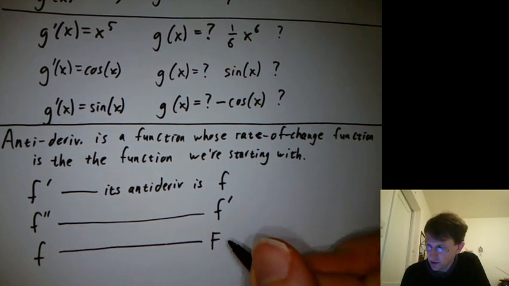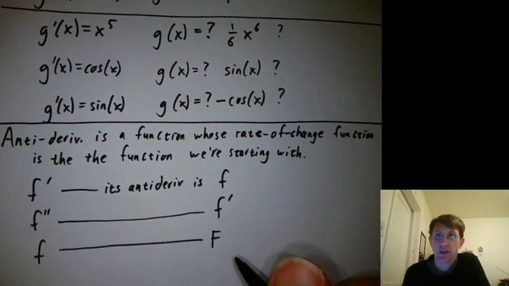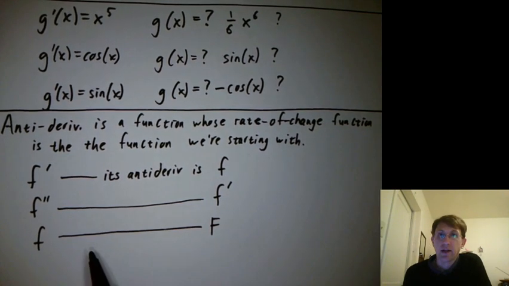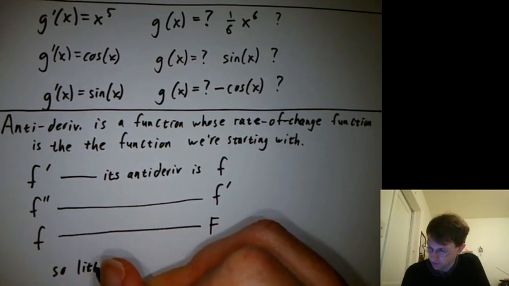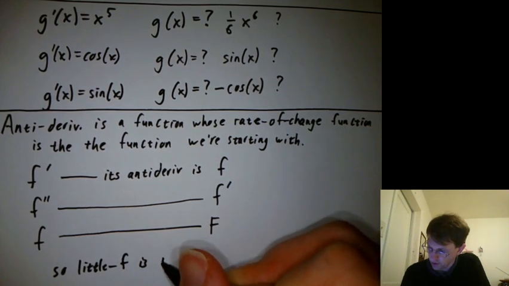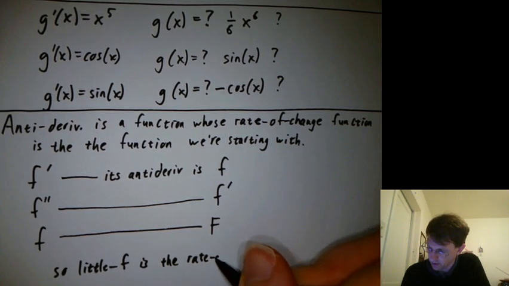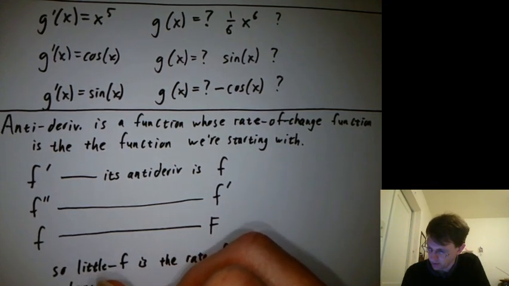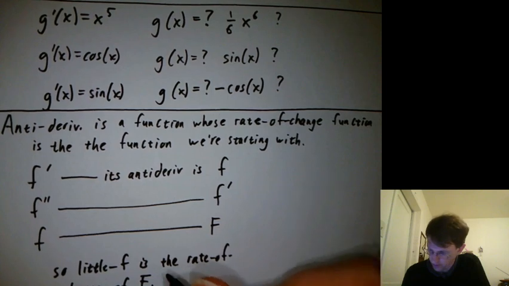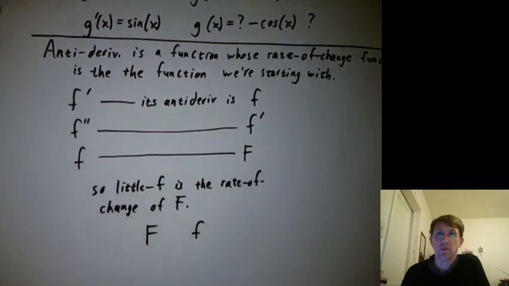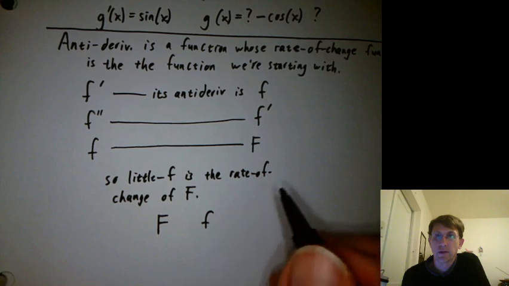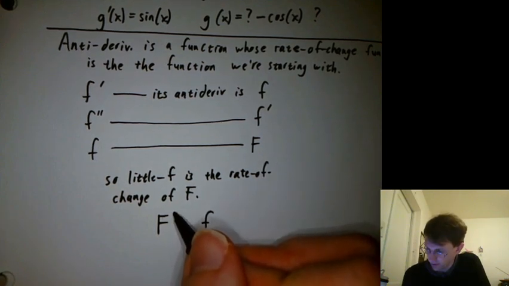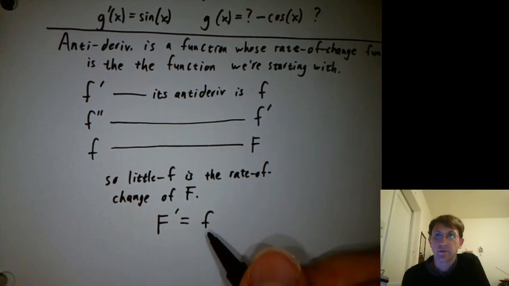But the convention is we call it big F, or capital F, or uppercase F. So little f is the rate of change of capital F. Or we could say, if we want to relate big F and little f, where do I put a prime to make these two things equal? So I'd say the derivative of big F is little f.